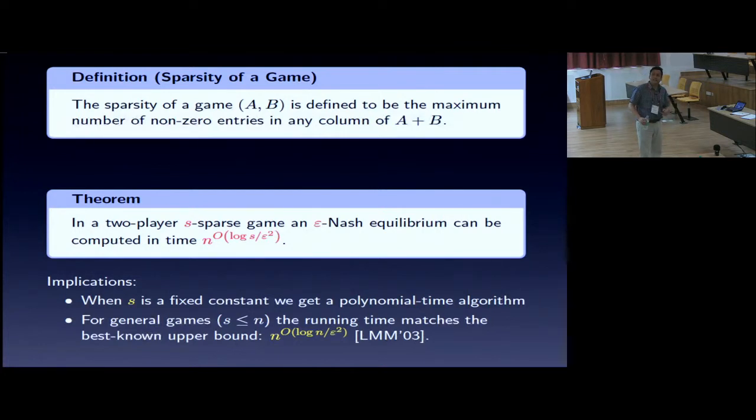And in that case, log S is a constant and you get a polynomial time algorithm for finding epsilon Nash. And in general, since S can be no more than n, in the extreme case, you recover this quasi-polynomial time result of Lipton. So it interpolates across the entire spectrum of games from near zero-sum games to general bimatrix games.